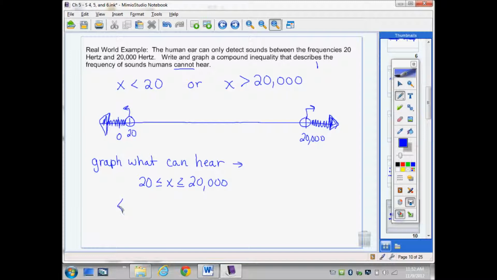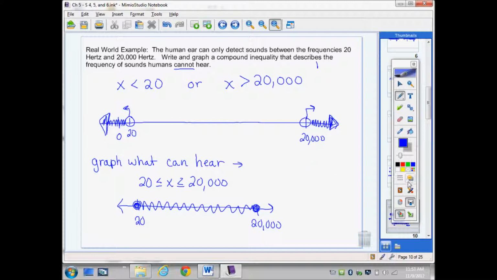So if we wanted to graph that, we're going to put less than or equal to, and then we're graphing in between. So we can hear anything in this range. So what we can hear is an intersection, and what we can't hear is a union. It's going to separate. Does that make sense?